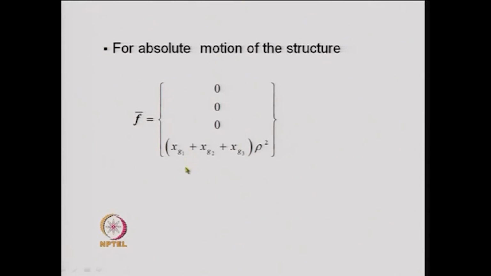The right hand side load vector turns out to be x g1 plus x g2 plus x g3 into rho square, and this is nothing but minus KSG into MSS inverse. Here we can see that the quantities required for defining the force are the three displacements at the three supports.